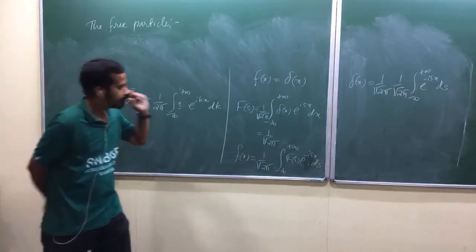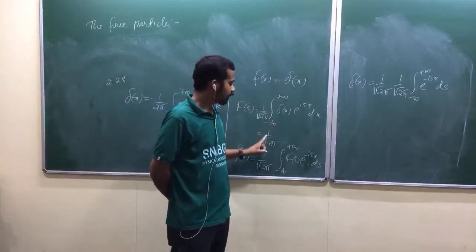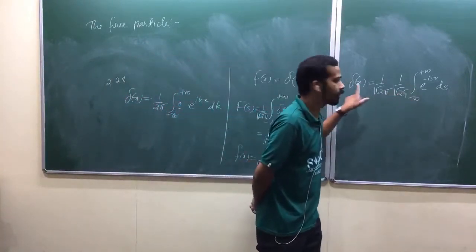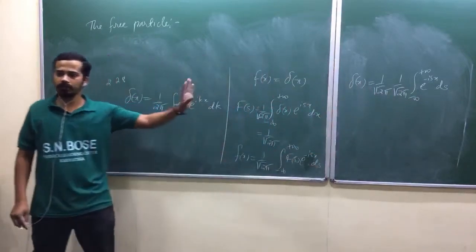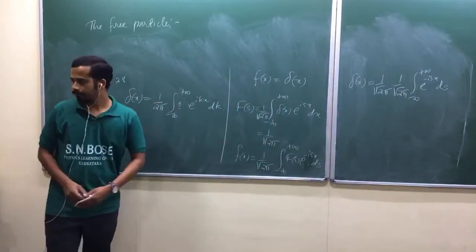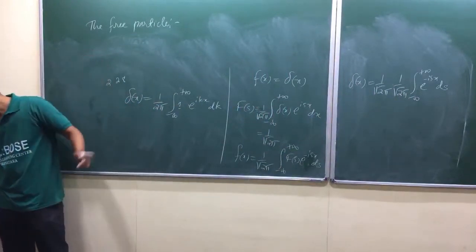So that's why you can say Fourier transform of Dirac delta is constant and Fourier transform of constant is Dirac delta. Forget about that multiplicative constant. Solve these problems.